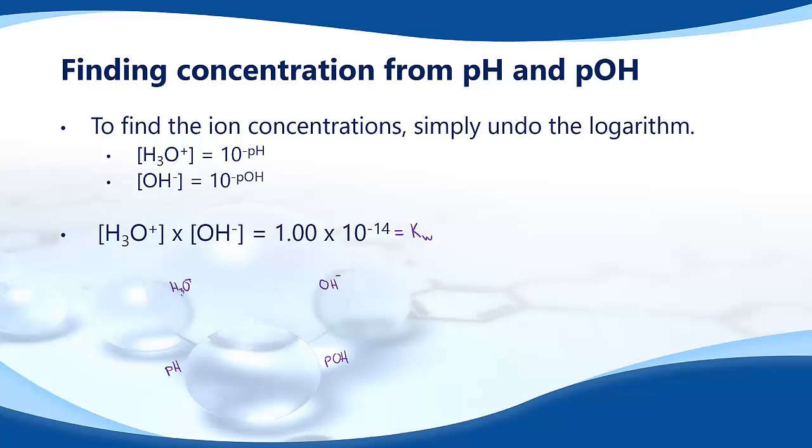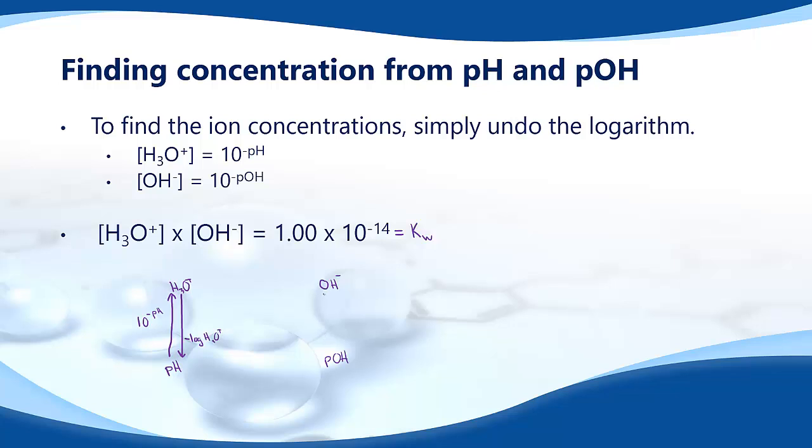If I know the concentration of H3O+, I can find the pH by doing negative log of H3O+. If I know the pH, I can work backwards to find H3O+ by doing 10 to the minus pH.